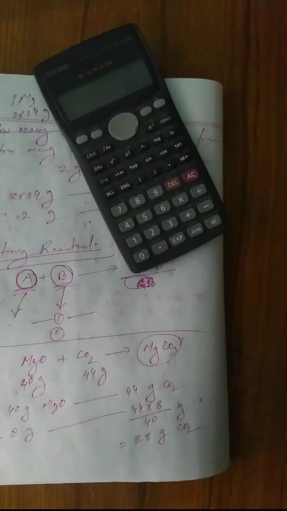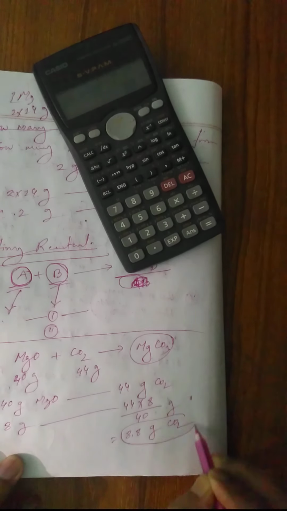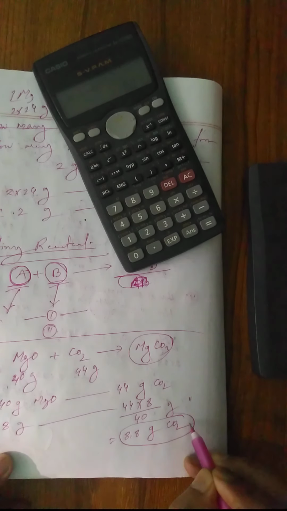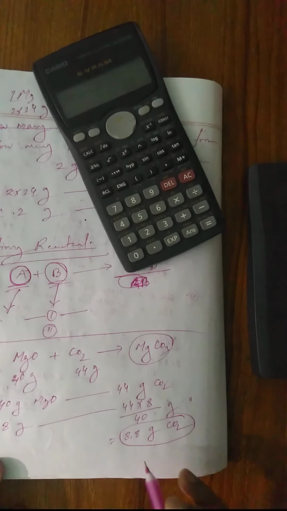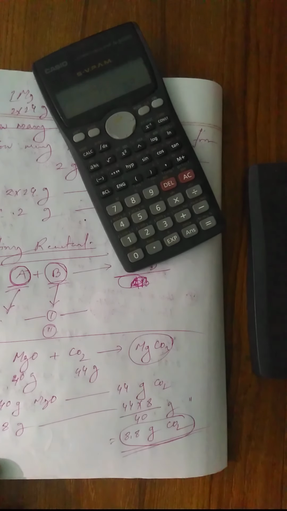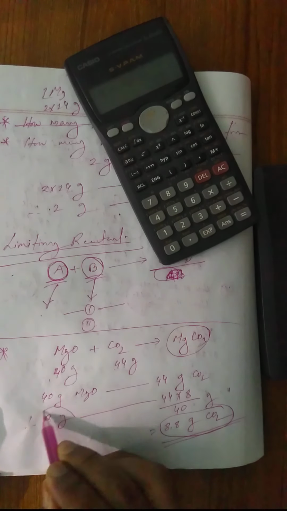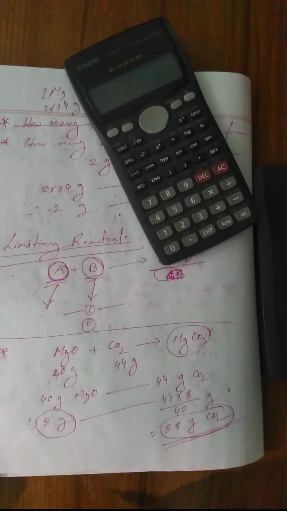So this amount of CO2 is used for the given amount of MgO.